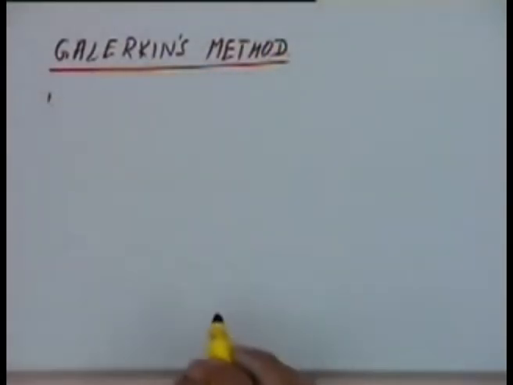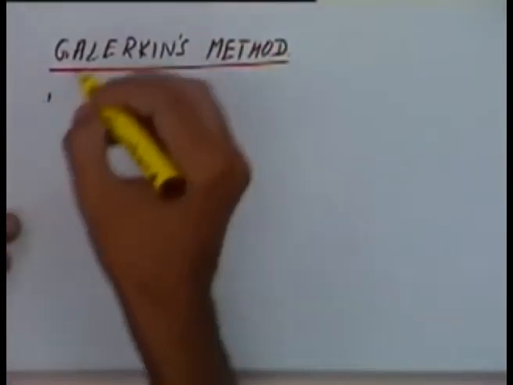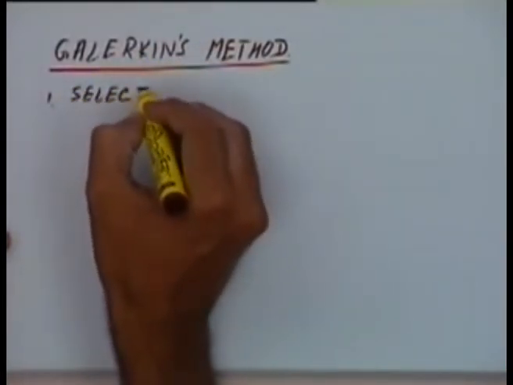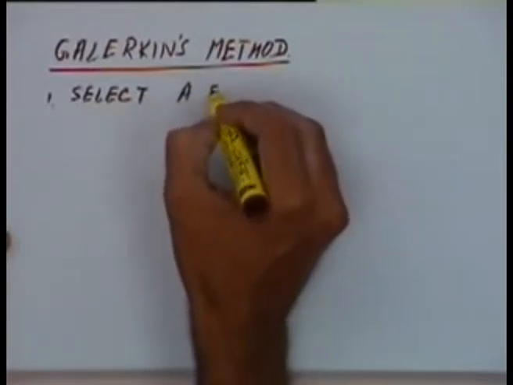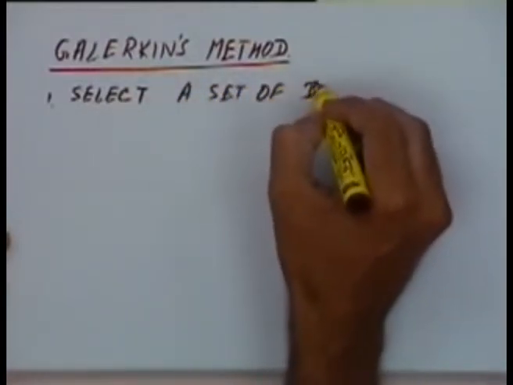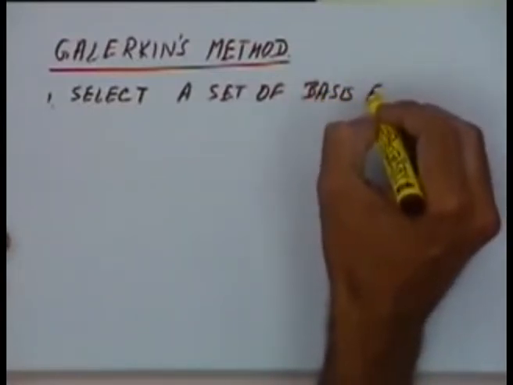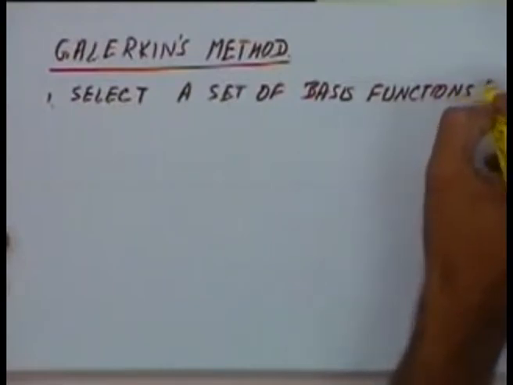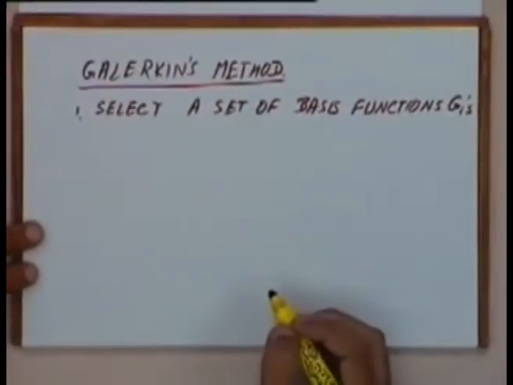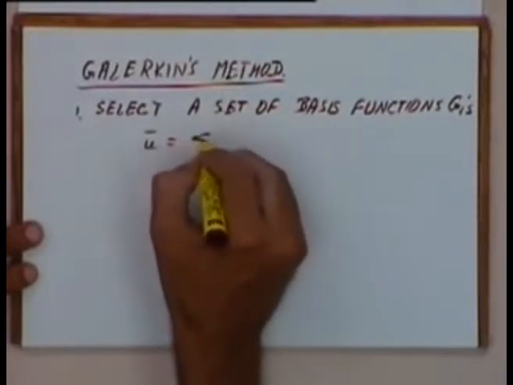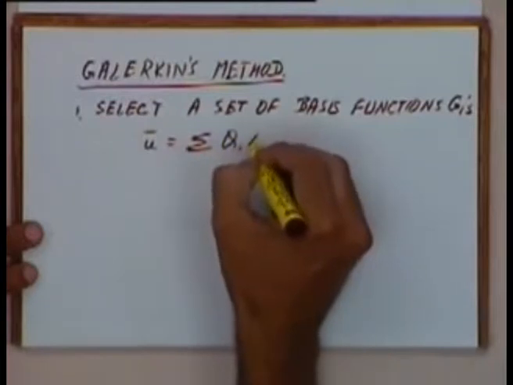Okay, the first step would be that we select a set of basis functions. Let us say we call them gi. Okay, and just like we did in the last method, we will say u bar is equal to sigma qi times gi.